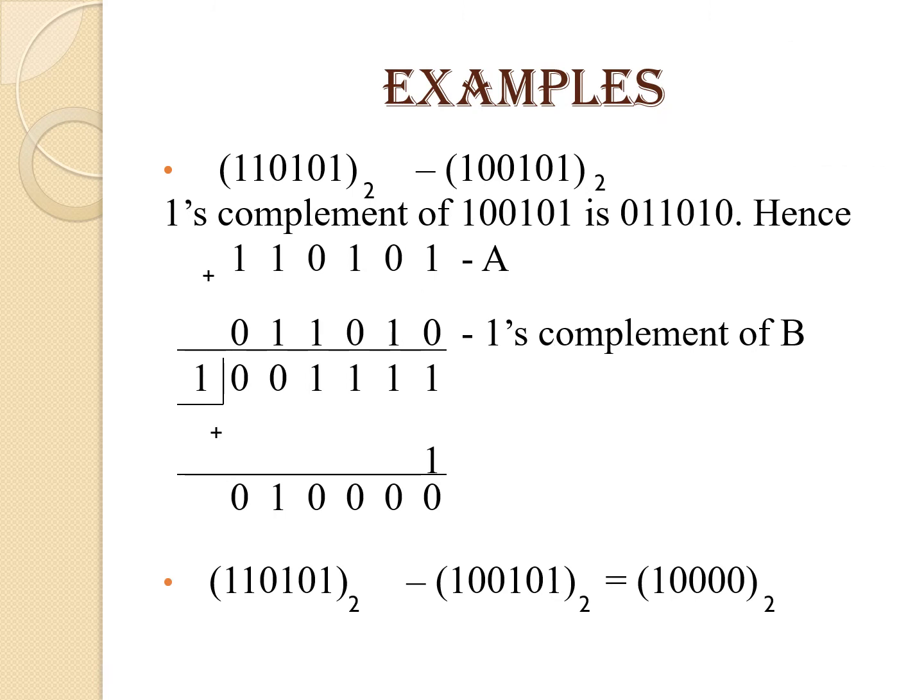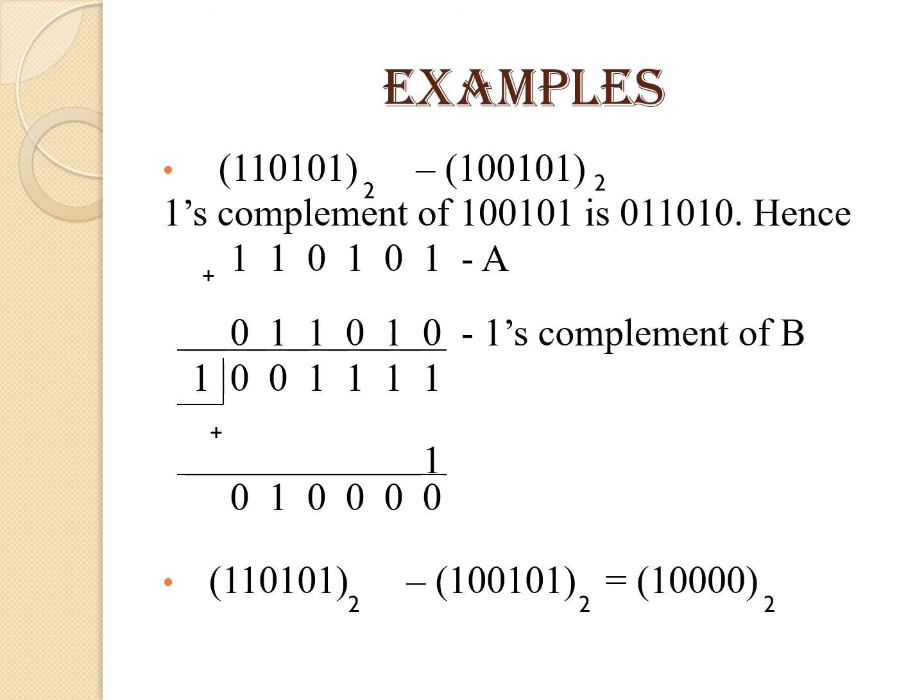We will go through the example 110101 minus 100101. The first number is a, that is 110101. Find out the 1's complement of b, that is 100101, and the 1's complement will be 011010.